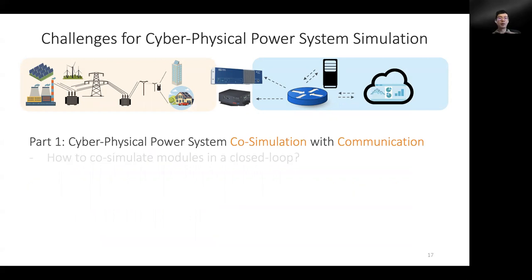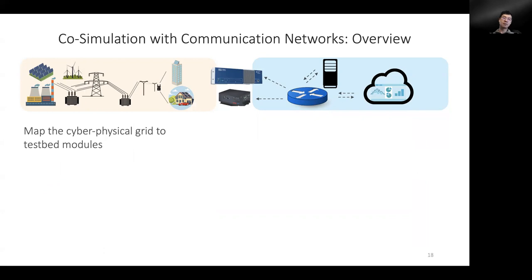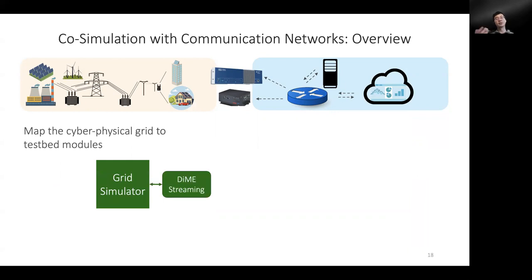So the next part, in part one, we'll discuss the integration of communication networks in order to simulate cyber-physical interactions. Let's map the cyber-physical power system to our testbed components. The physical grid is represented by a grid simulator, and we use the discussed DIME to take rapid measurements out of the grid simulator and stream them using a PMU simulator, which implements this data streaming protocol.